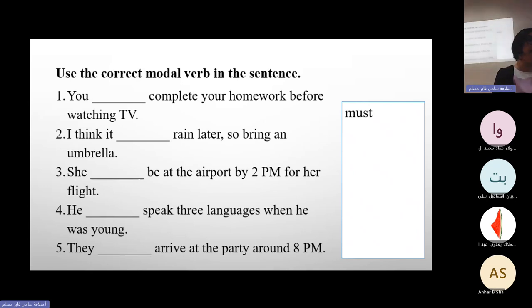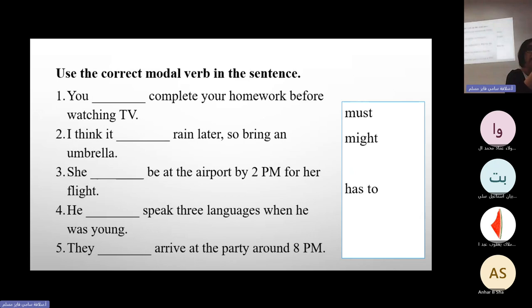I think it rain later, so bring an umbrella. Might. Why? Because I'm predicting, right? Might. She be at the airport by 2 p.m. for her flight. Should. Or must, if it's urgent. Has to. There is more than one answer, but it all depends on the context.